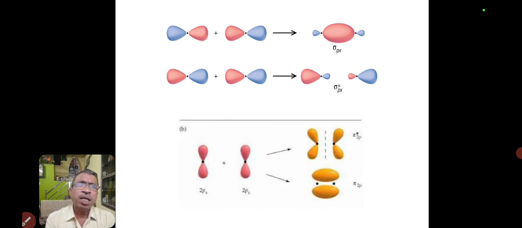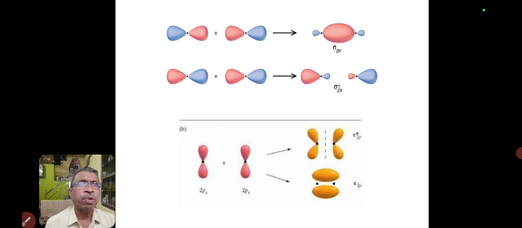Now this diagram shows the bonding and anti-bonding molecular orbitals formed by the combination of p orbitals. Here the p orbital is dumbbell in shape, which contains two lobes. I have shown one lobe brown in color and the other lobe blue in color. When two brown colored lobes of the p orbital combine, this results in additive combination and a bonding molecular orbital results.